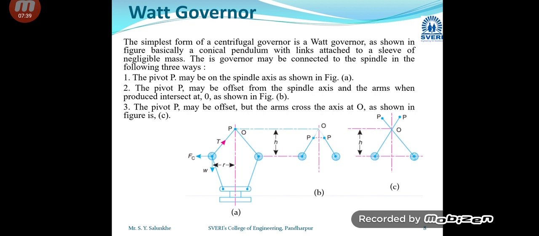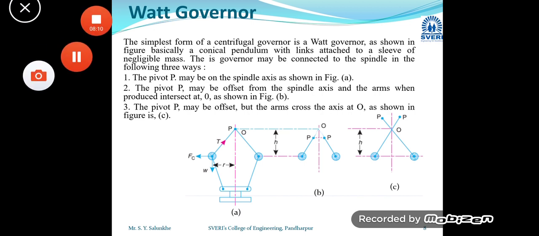That is, you can see the point P in diagram number 1, that is diagram A. Whereas in diagram B, the point P is not on the spindle, but we have one point O, where the arms cross each other, and there is some offset between point P and O. But while we consider the calculation, the height H of that governor is considered at the point O.